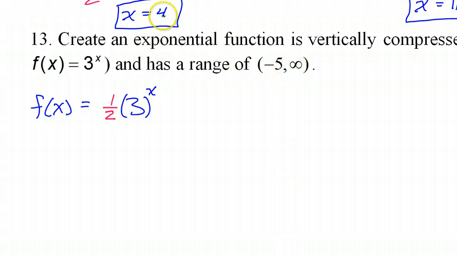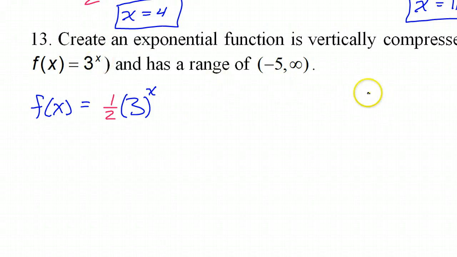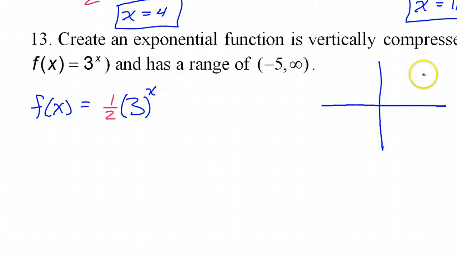Now the part about having a range from -5 to infinity, this is just an indirect way of giving us the asymptote, because you know how these things work. If this was the axis, and imagine that we had an asymptote at -5 like this says. So 1, 2, 3, 4, 5. So the asymptote would be down here like this.